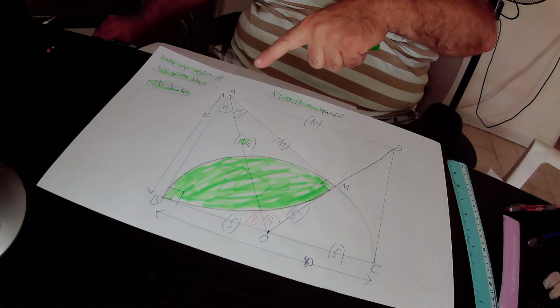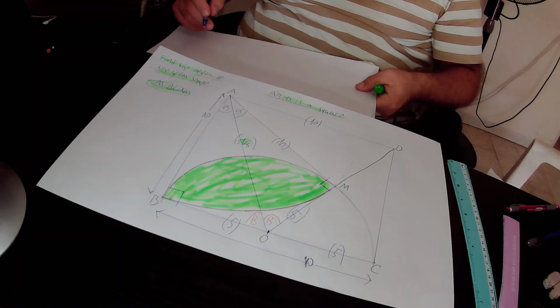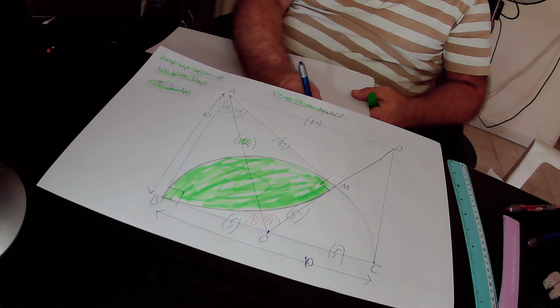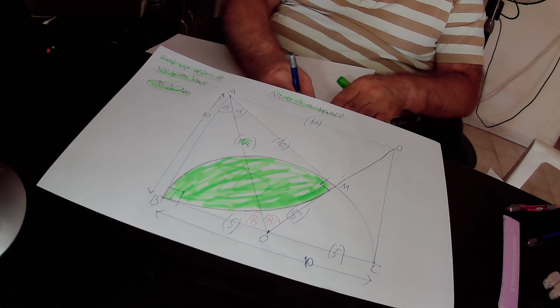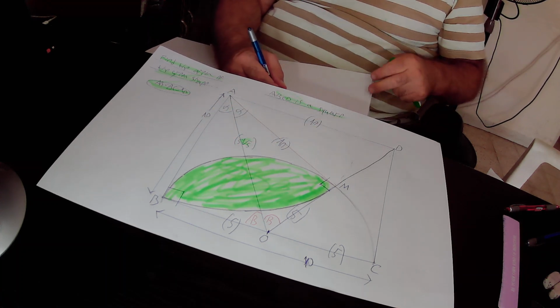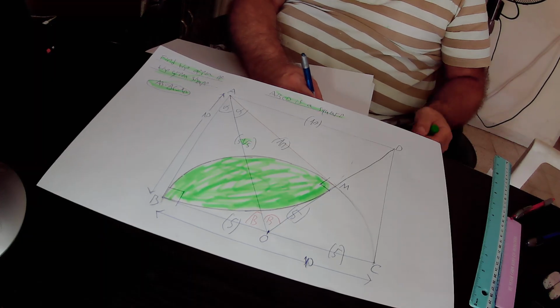So which angles do we have in the right triangle ABO? We have alpha plus beta plus 90 degrees. In total, the sum of those angles must be equal to 180 degrees.